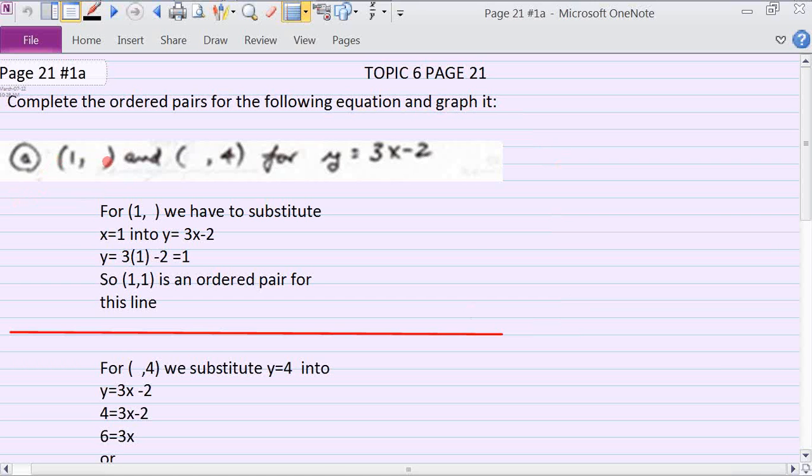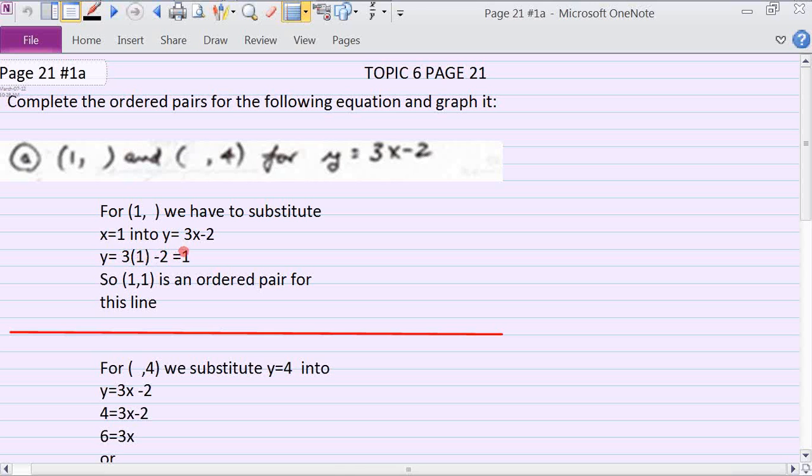So let's start with this ordered pair here. We know that x is equal to 1. We're going to substitute x equal to 1 into this equation, y equals 3x minus 2. So y will equal 3 times 1, because we've replaced the x with 1, minus 2. 3 times 1 is 3.